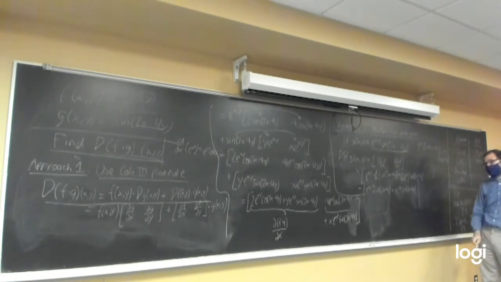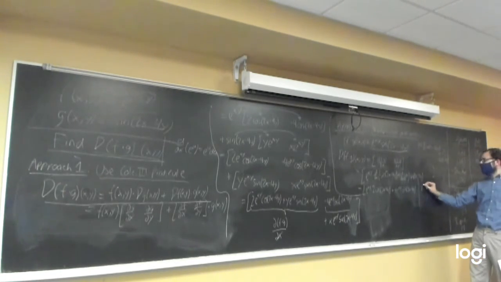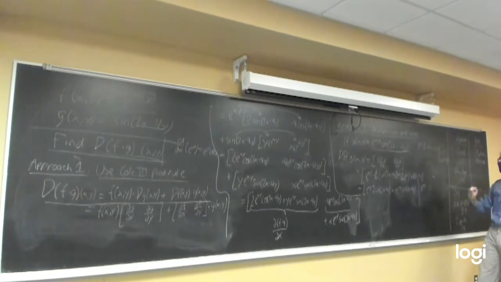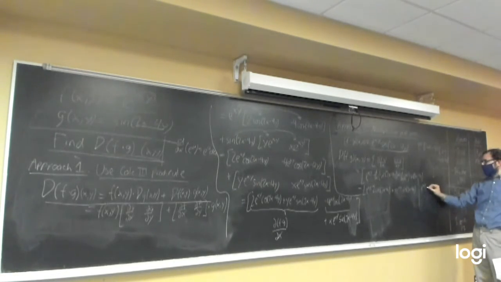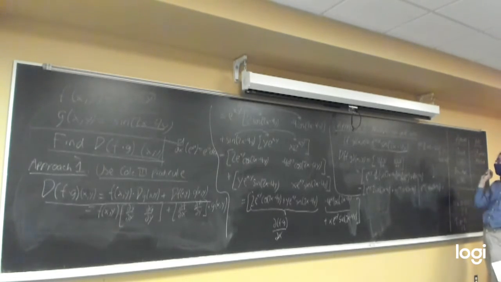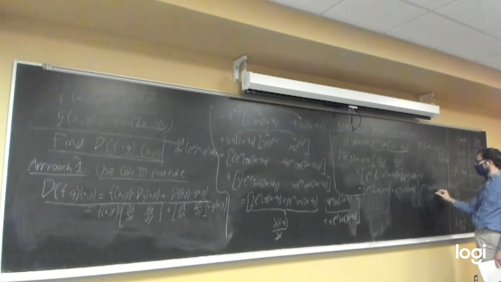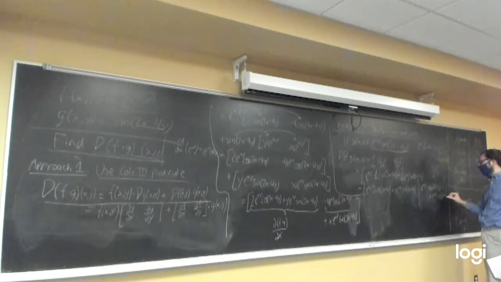Then a big gap, because we're going on to a new entry in our matrix: e to the xy times derivative with respect to y, that was negative 4 cosine of 2x minus 4y, plus derivative with respect to y of e to the xy, well that's just x e to the xy times sine of 2x minus 4y.